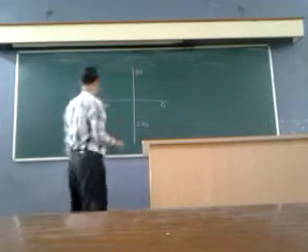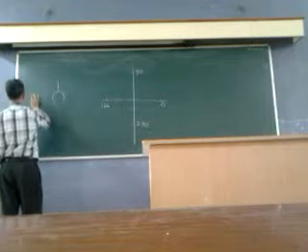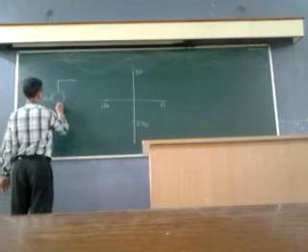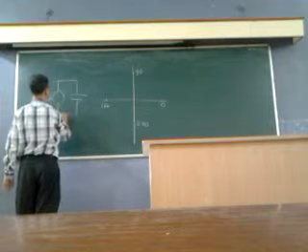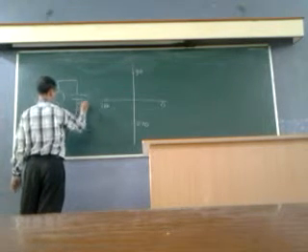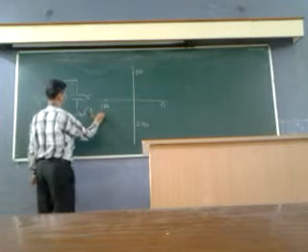So for capacitor, what we have got? For capacitor we have got Vp sin omega t. The I which we have got was omega c Vp cos omega t.